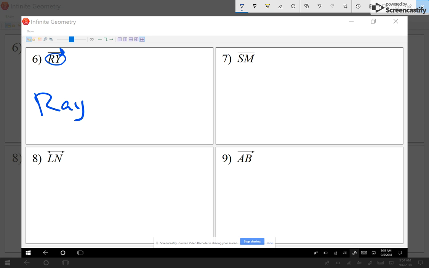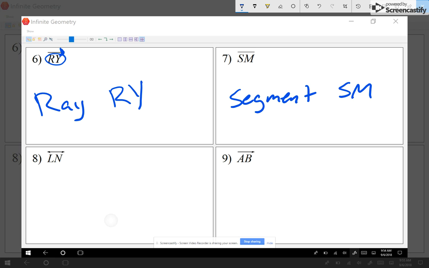Make sure the R comes before the Y because it continues through Y, so make sure it starts at R. Looking at 7, I don't have arrows on the top, so that's a segment. And then make sure you use those two letters, so segment SM. For the segment, the order of the letters does not matter, so SM or MS, however you want. For the rays, the order does matter though, RY.